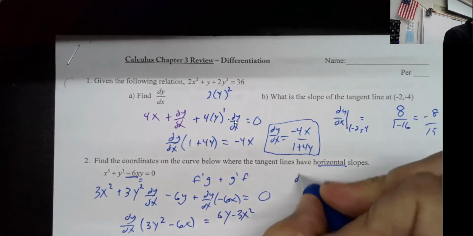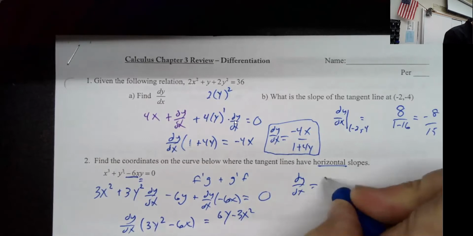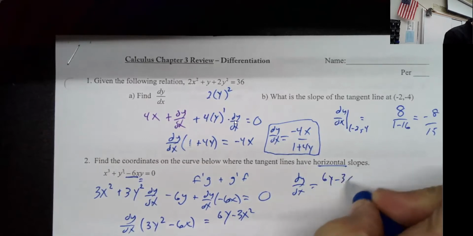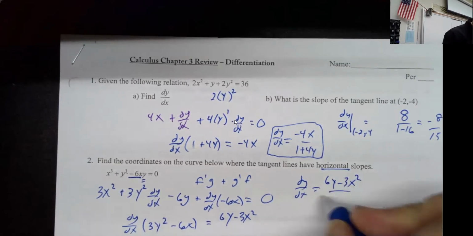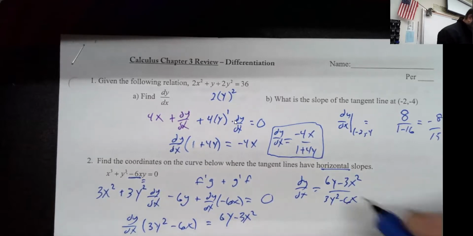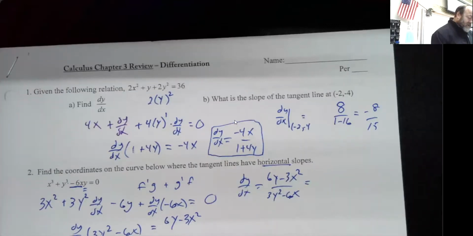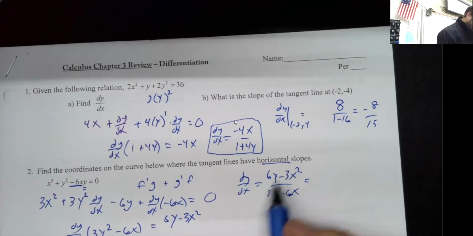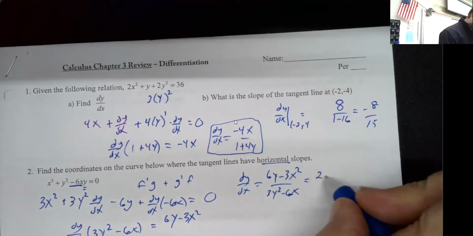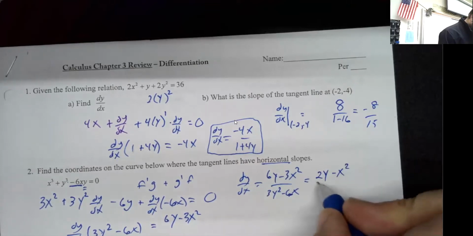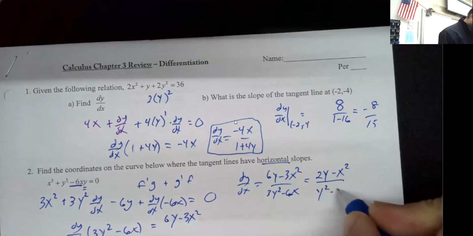So it looks like then dy dx would be 6y take away 3x squared, all over 3y squared minus 6x. Now, I think it would be intelligent to do one last little thing, which is divide all of these pieces in here by the number 3, because we can always make things a little bit smaller.